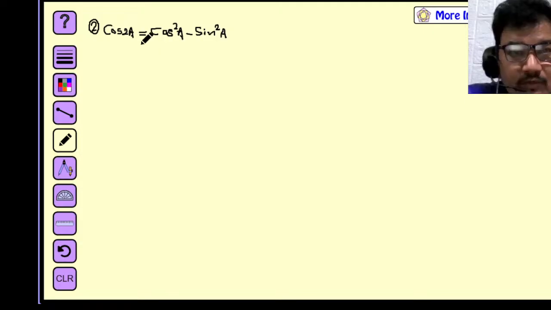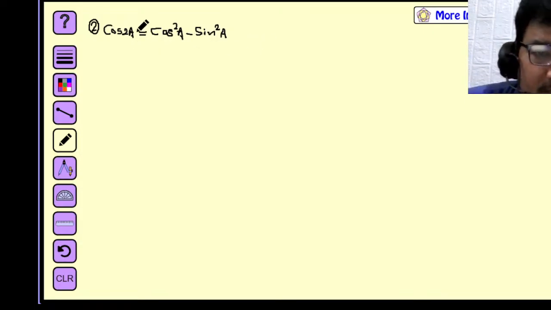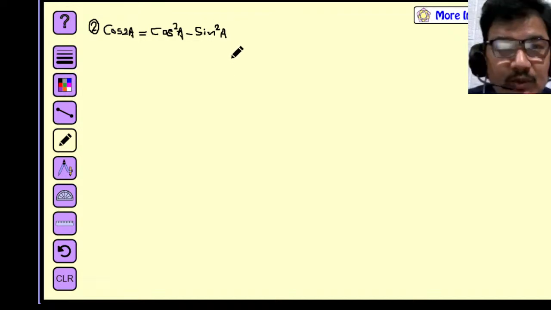This is the first one of cos 2a. How it comes cos 2a equals to cos square a minus sine square a, that I want to show you here. Okay, this is the first one.